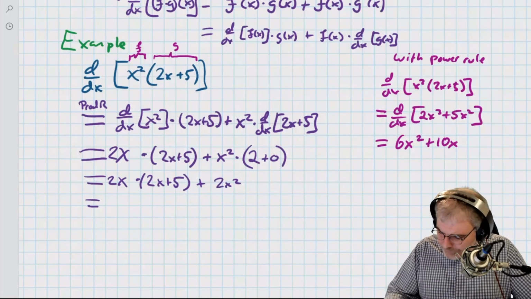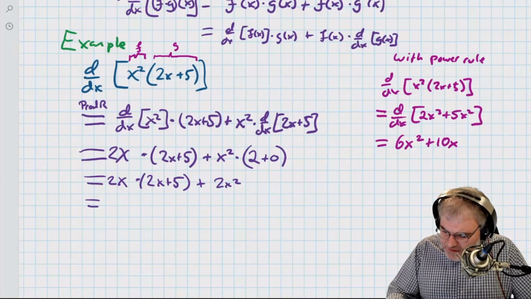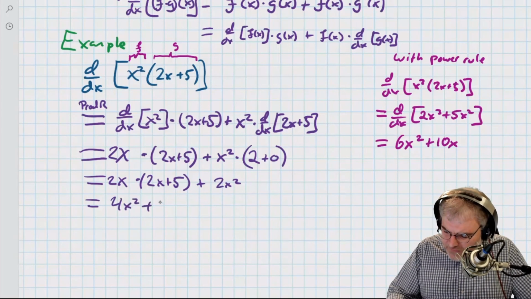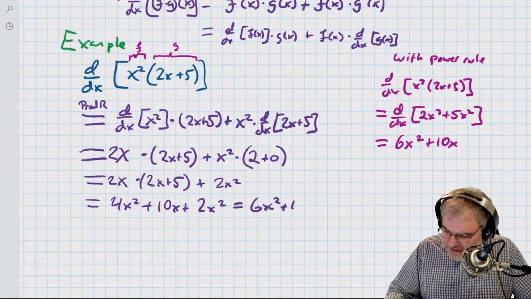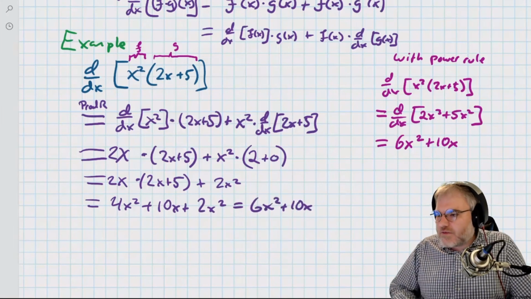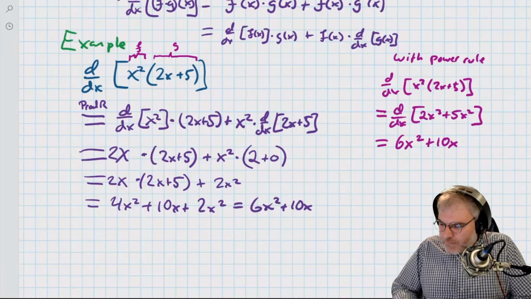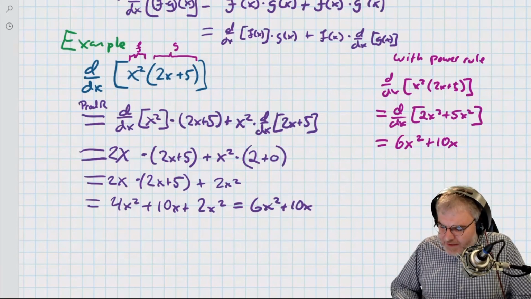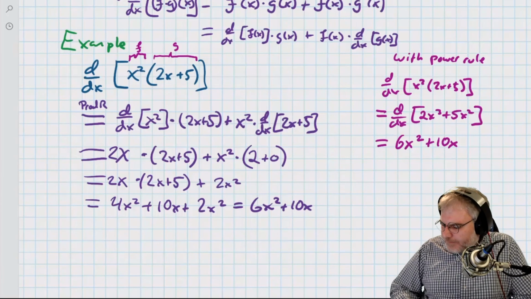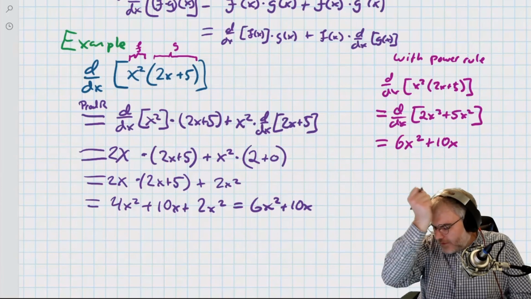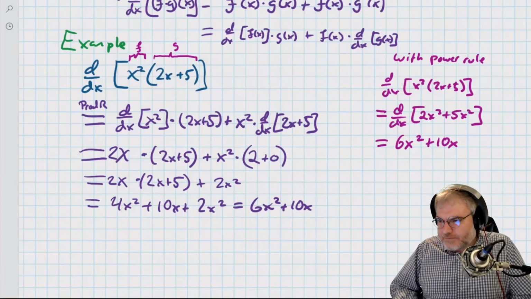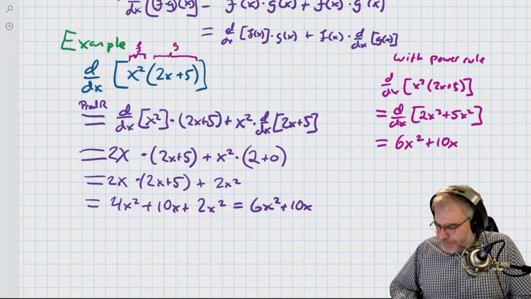It's late. And that is going to equal 4x squared plus 10x plus 2x squared, which equals 6x squared plus 10x. It's too late for me. So 1 to 5, how do we feel about that, besides the fact that I messed up that? Oh, Scott messed up an x squared. Let's make fun of him.